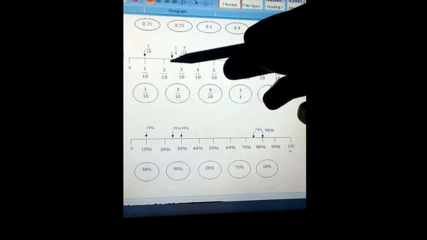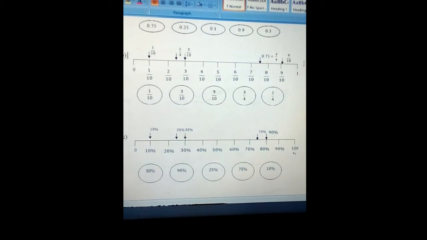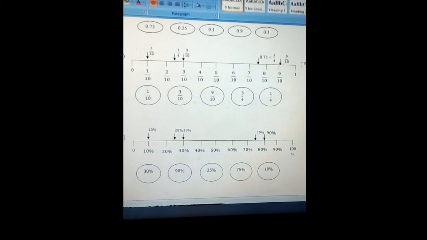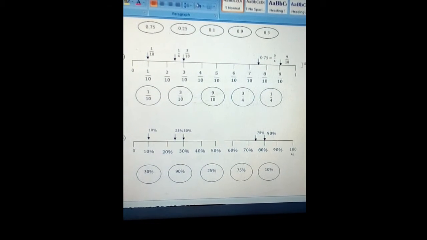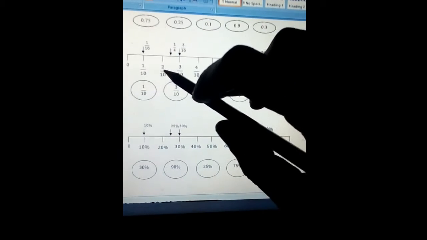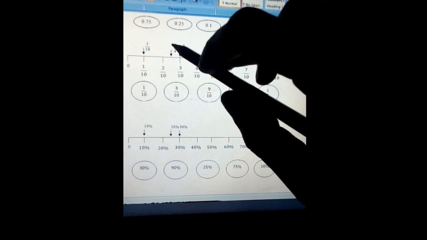Over here, if we divide 2 by 10, we get 0.2, and if we divide 3 by 10, we get 0.3. So this is 0.2, this is 0.3, but if we divide 1 by 4, we get 0.25. So it is between 0.2 and 0.3. It is 0.25 over here in between.